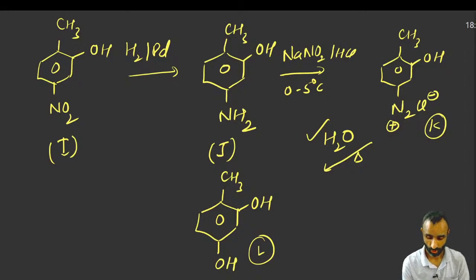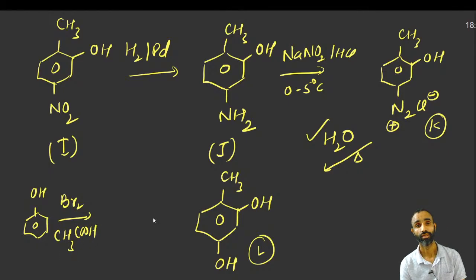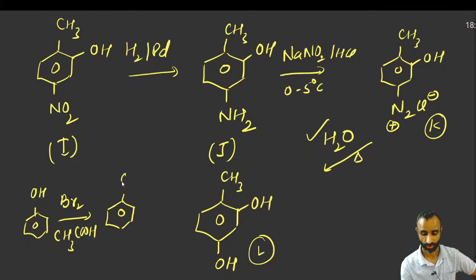Because you know when we have phenol, we can brominate it in the presence of acetic acid. There is no need of FeBr3 because phenol is highly activating group. I mean, OH is highly activating.